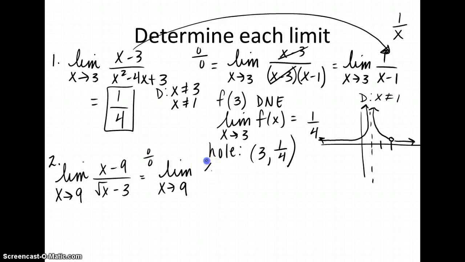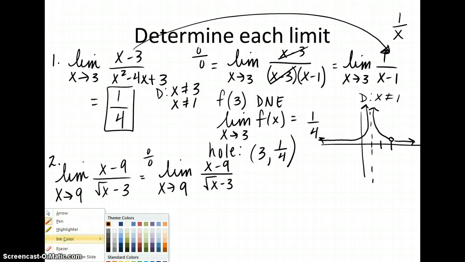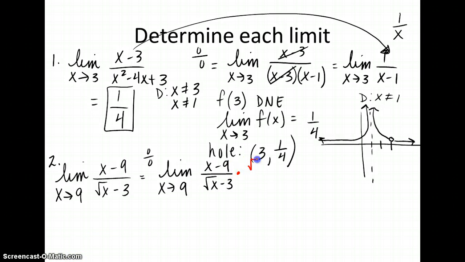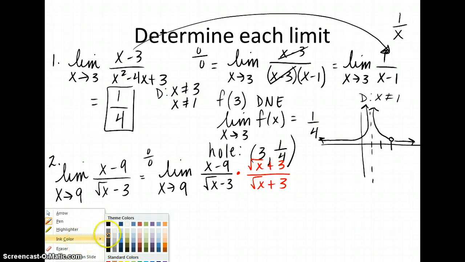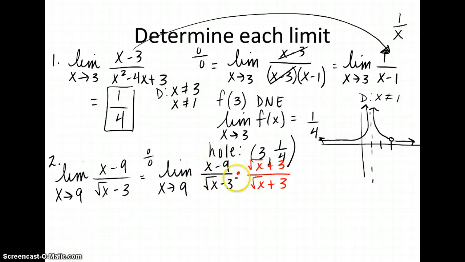Now if you remember from advanced algebra and pre-calc, we use the conjugate of the denominator. So I'm going to multiply the top and bottom by the square root of x plus 3. Remember, you can't square the original because it's not an equation. So in order to keep the function the same, we're really just multiplying by a form of 1.